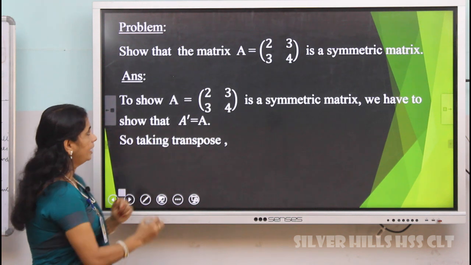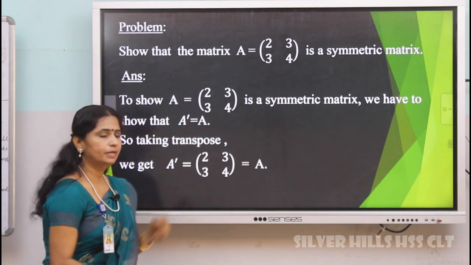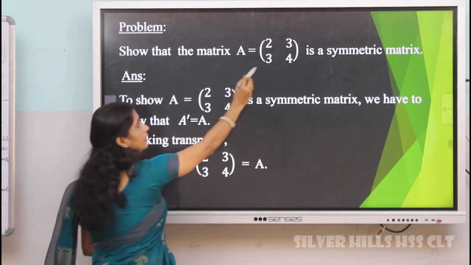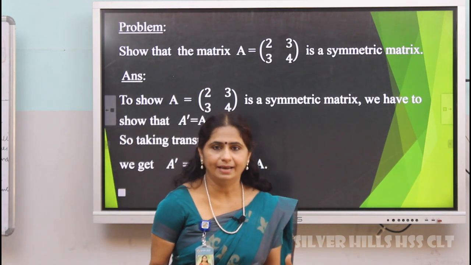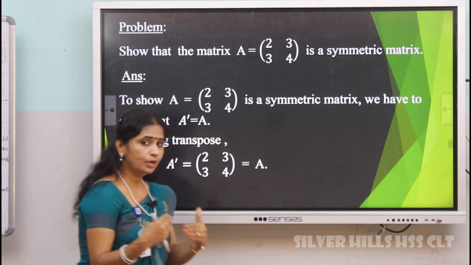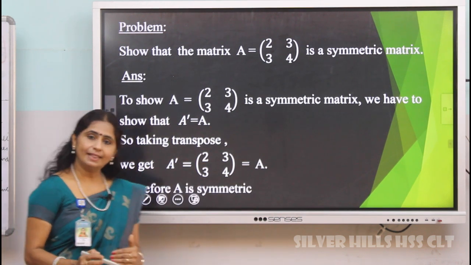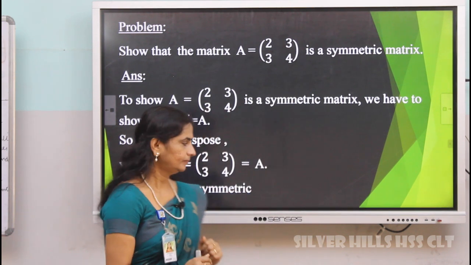Taking the A transpose, the first row 2, 3 becomes the first column, the second row 3, 4 becomes the second column, and you get back A itself. Since you have proved A dash is equal to A, we say that A is a symmetric matrix.